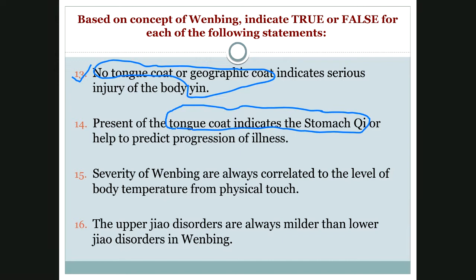Same for any age group. Once you have no tongue coating at all, your appetite usually is not strong. And once you have some level of tongue coating, or we call that having stomach qi, you have a positive prognosis of any illness. Even if the coating is very thick and greasy, it's better than no tongue coating.